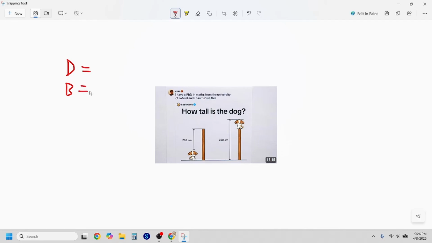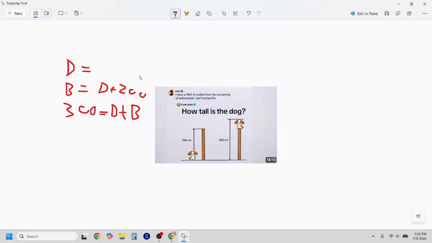Okay. Now, let's get to the fun part I know you all came here for, system of equations. So we know the height of the board is equal to the dog plus 200. And we don't know the height of the dog. But we know that 300 is equal to the dog plus the board.